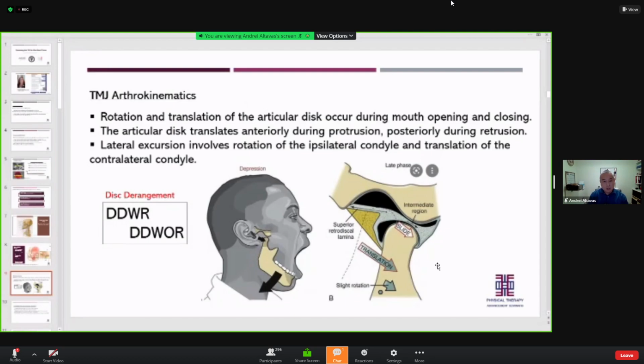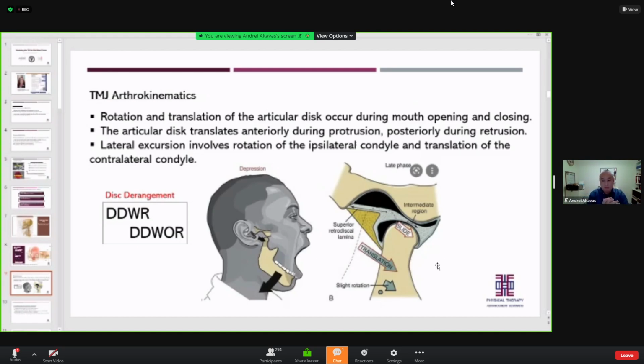The two main motions in the TMJ are rotation and translation. You have to remember this too. When the mouth opens, the condyle rotates, and then with full mouth opening, the mandible translates forward, or anteriorly.